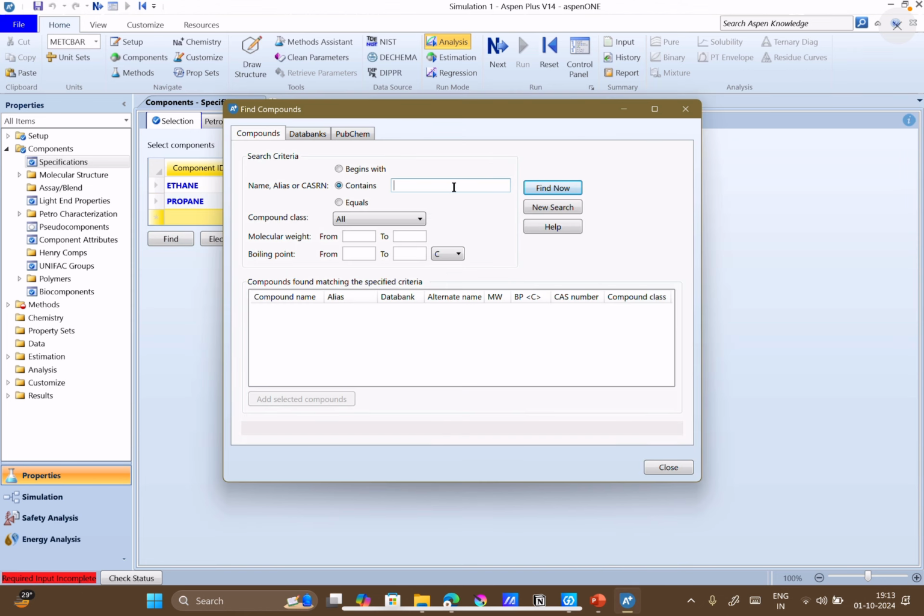For butane we have to add both N-butane and isobutane. So we will search for that.